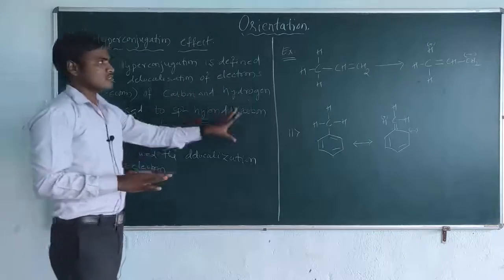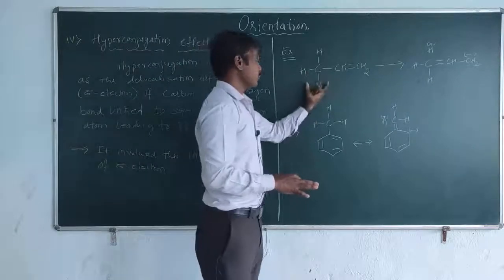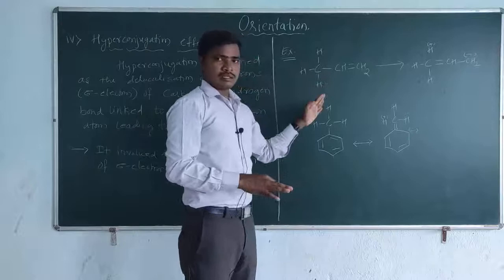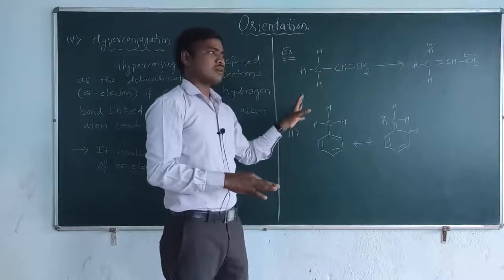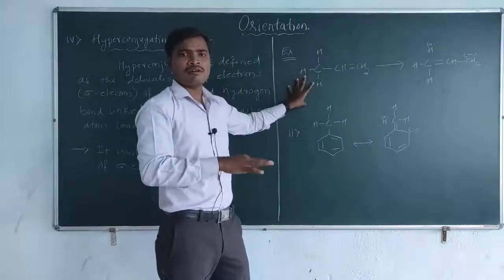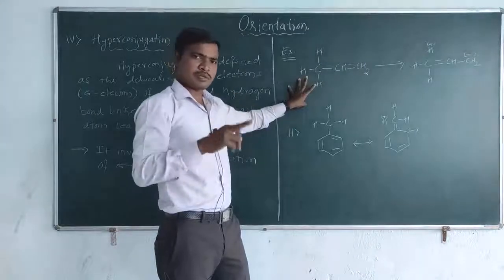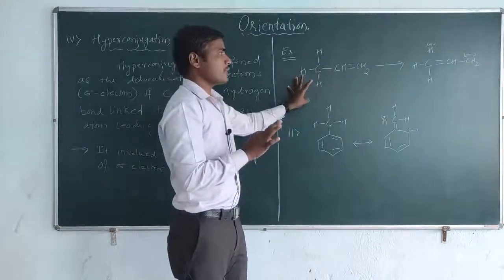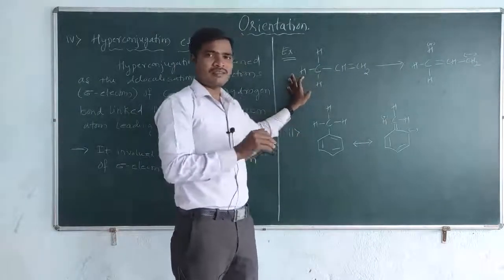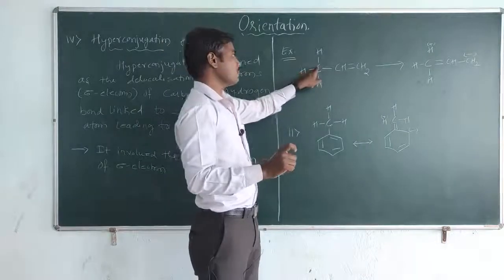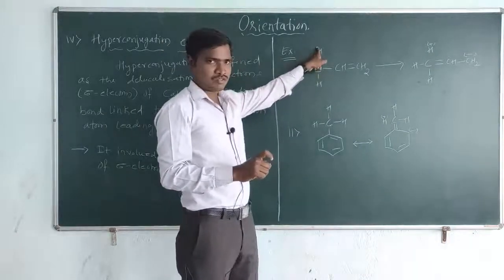We can see the example here. Due to this effect, again the molecule is involved in resonance, that is the shifting of electrons. But the shifting electron here is the sigma electron in between the carbon and hydrogen.